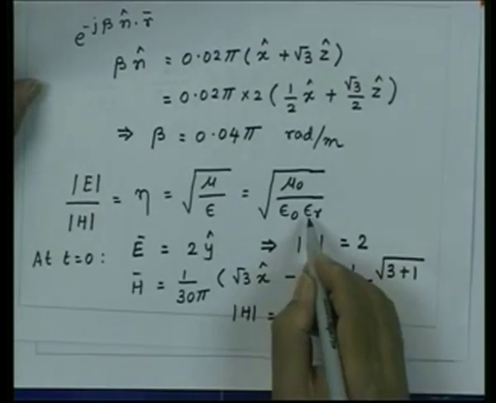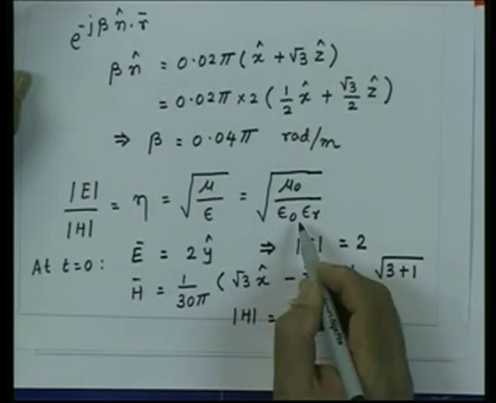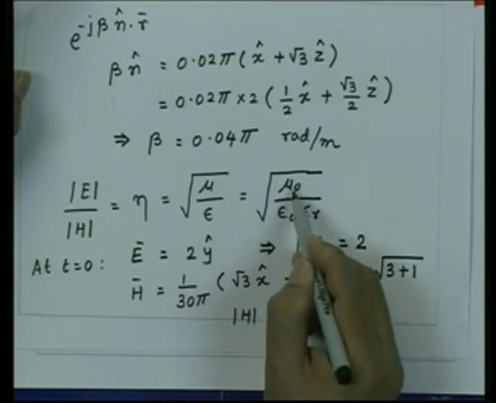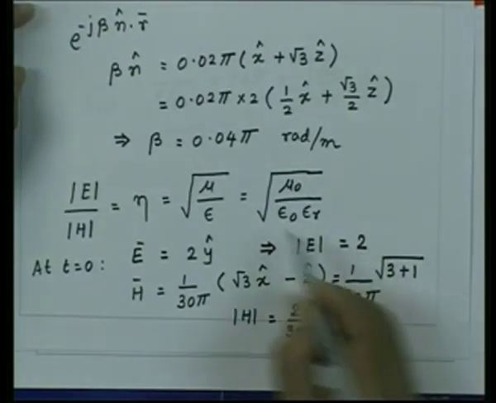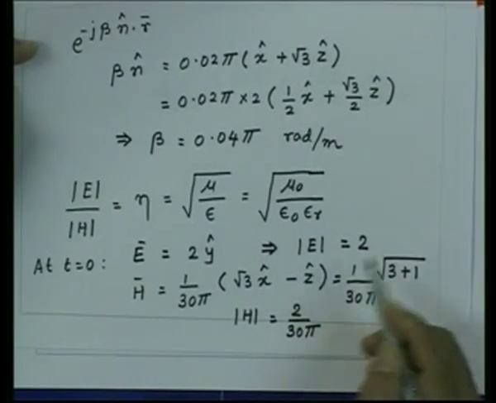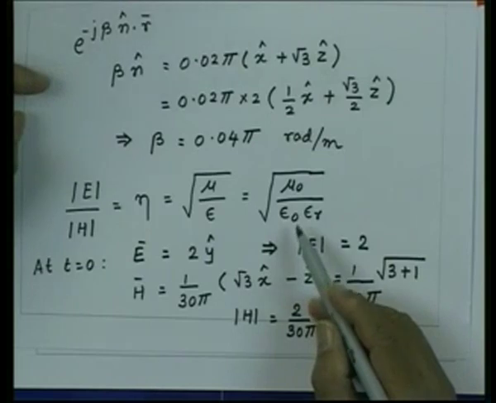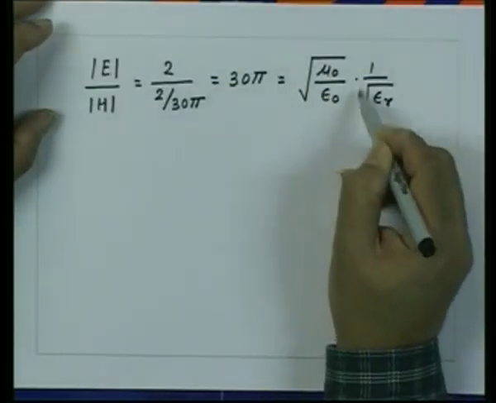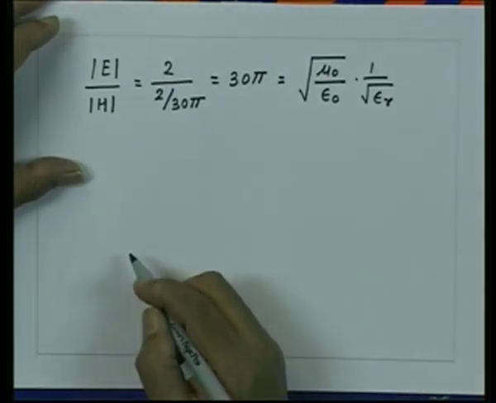We just take the square root of epsilon r out. So, we have this quantity, square root of mu 0 upon epsilon 0, which is nothing but the intrinsic impedance of the free space, and that number we know is equal to 120 pi.